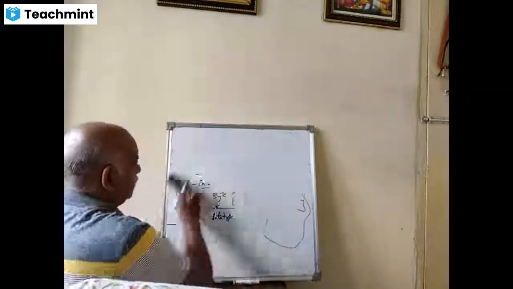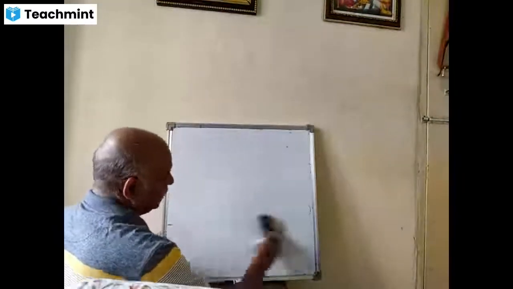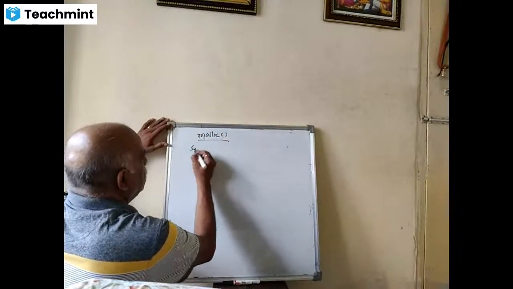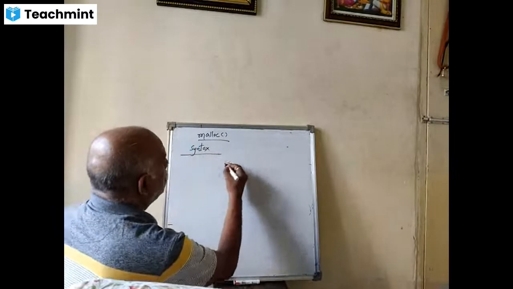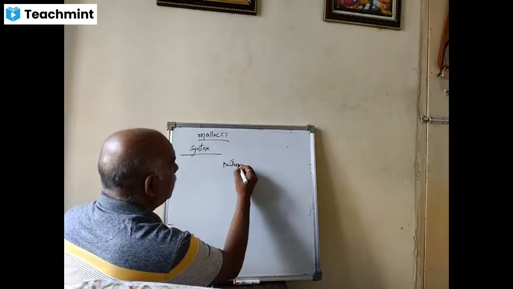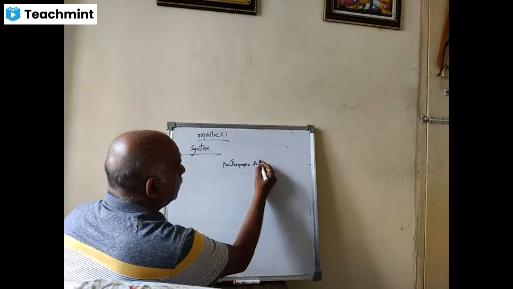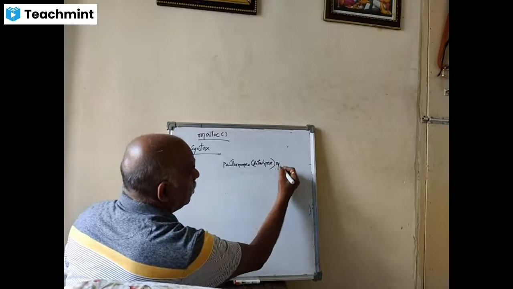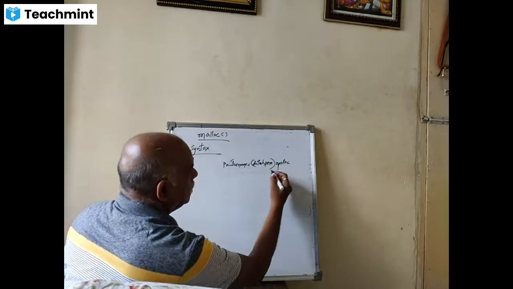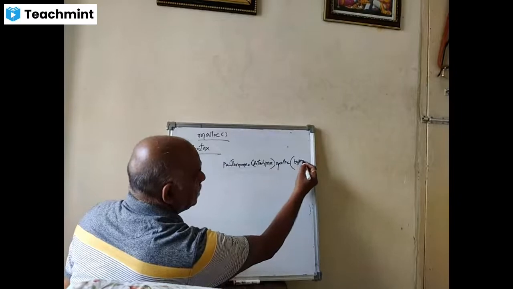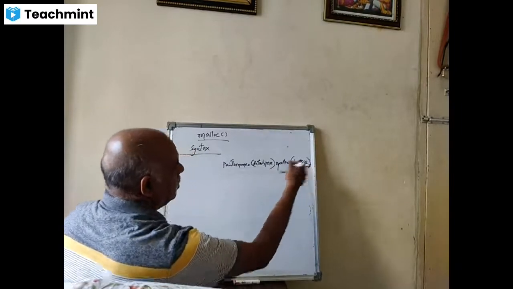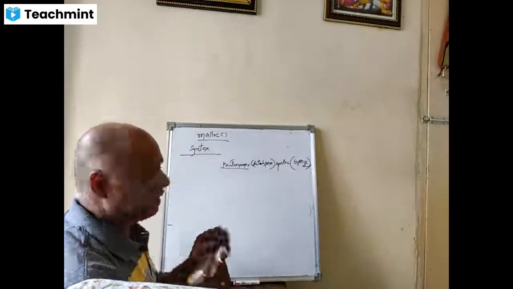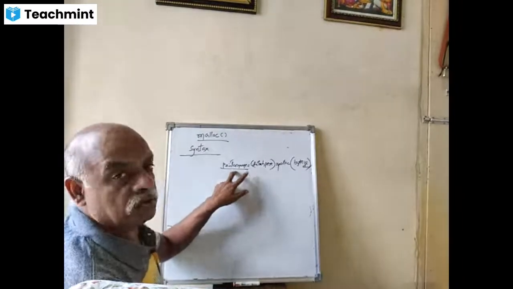So the malloc syntax: pointer name is equal to data type star malloc, in brackets the byte size. Here the pointer name is the pointer. It always allocates a memory block and returns a pointer, and this pointer points to the first byte of the block.